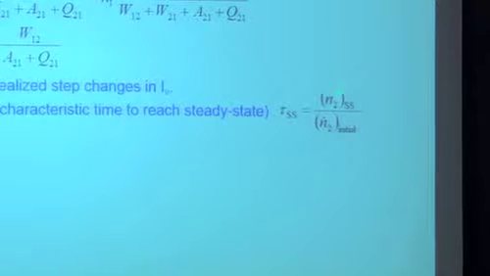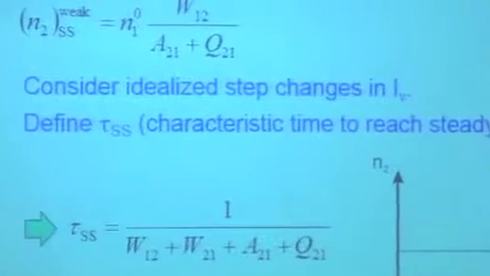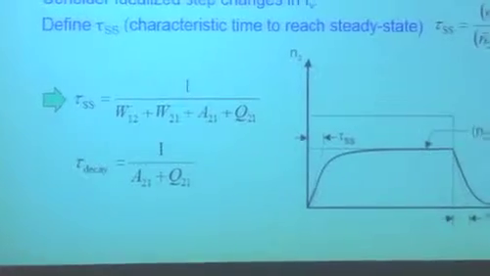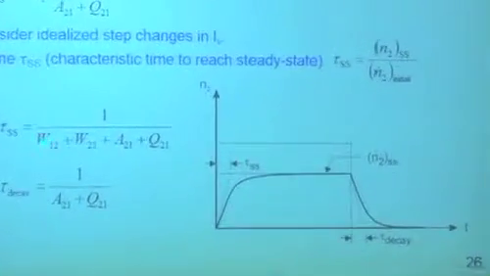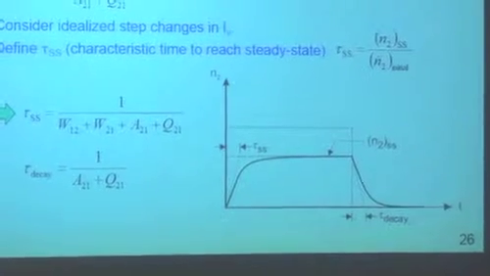We call this N2 final, the steady state value, divided by the initial rate of production. That's a characteristic time. It's just a number that reflects this time. So this steady state is basically just 1 over this removal term, which, since these W's are usually smaller, is going to be something like 1 over Q.